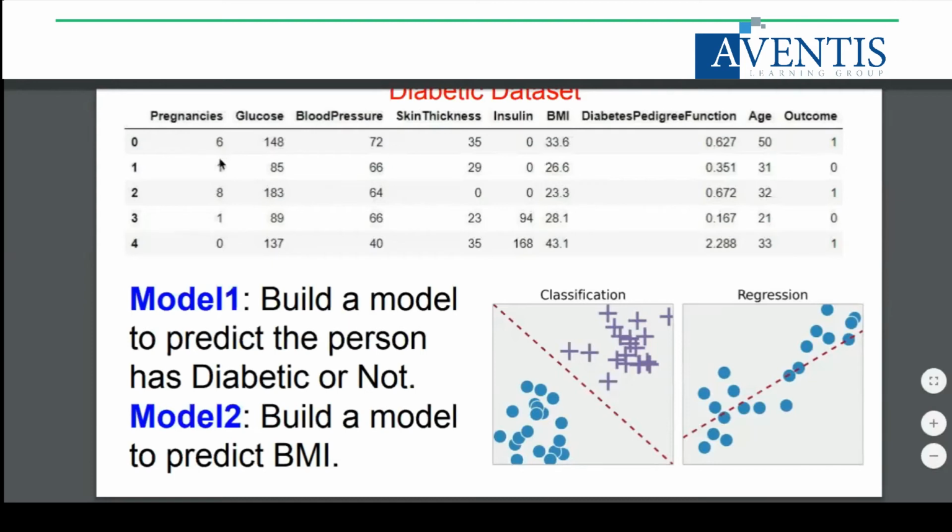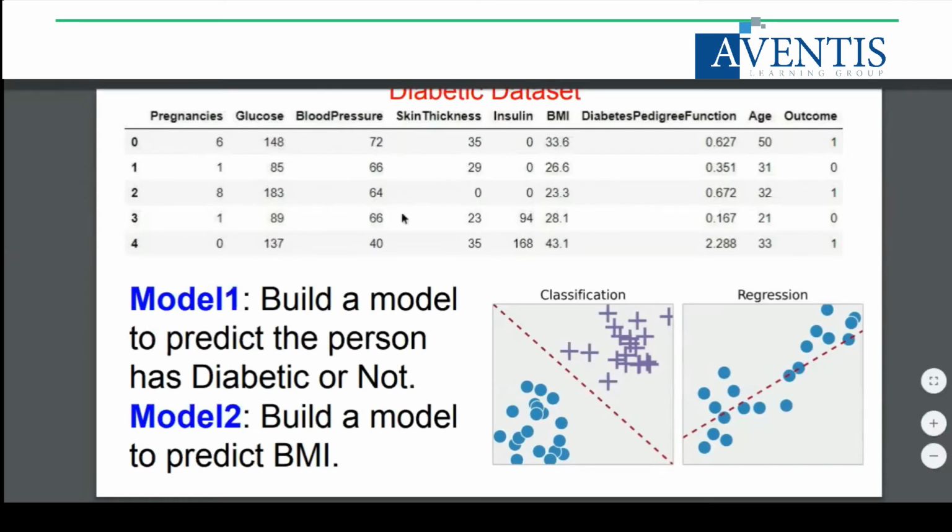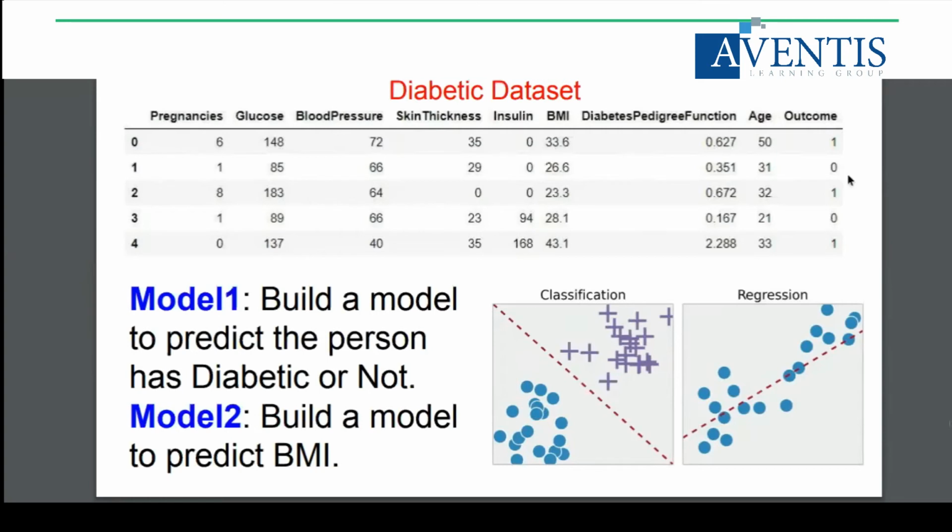This 6 means how many times that particular person has been pregnant, so 6 means 6 times. Then glucose, blood pressure, skin thickness, insulin, BMI index, diabetes pedigree function, age, and outcome. This outcome is 1 or 0, and 1 means the person has diabetes, 0 means no diabetes.